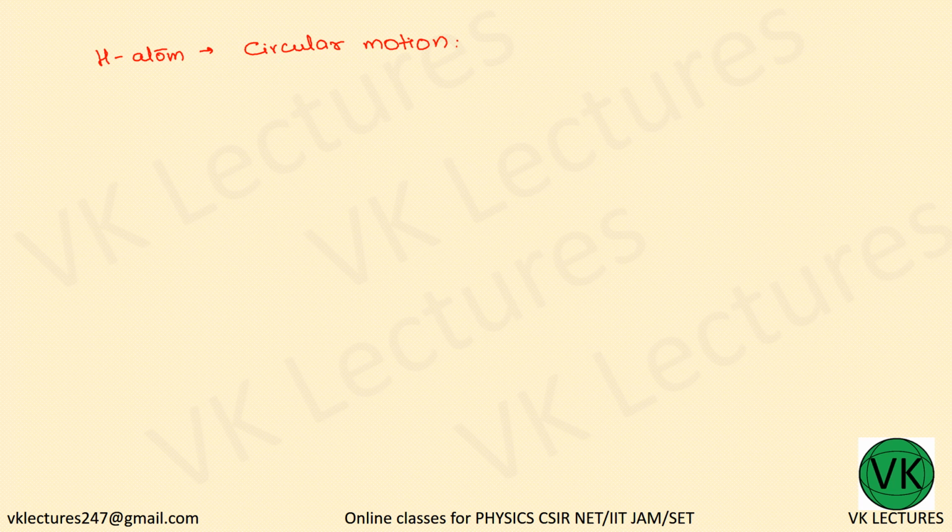So the force F is equal to minus Z e squared by 4 pi epsilon naught r squared. Now this is F electric, and this F electric is balanced by the centripetal force Fc, which is equal to m v squared by r.